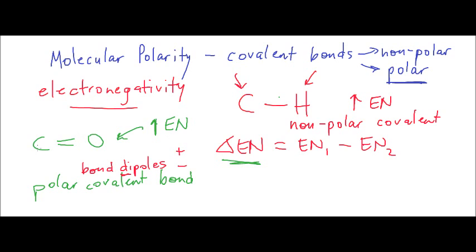Now, how can I identify between carbon and oxygen which will be slightly positive and which slightly negative? We've already identified that it's a polar covalent bond, meaning they're sharing these electrons. However, there is an unequal sharing. Now, who's the one hogging that shared electron? Let's look at who that is.